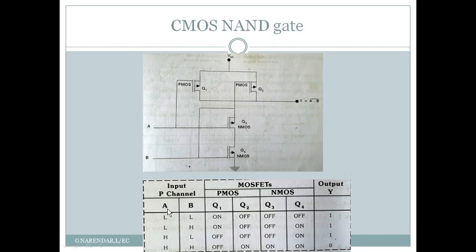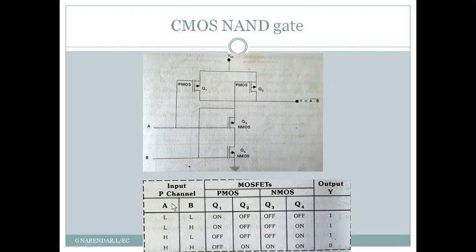So here we have shown the inputs here, and similarly the output here, and in between we have also shown the on and off states of all the 4 MOSFETs. So P MOSFETs Q1 and Q2, N MOSFETs Q3 and Q4.